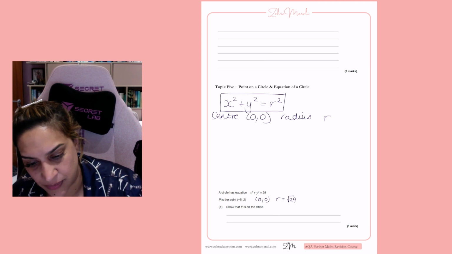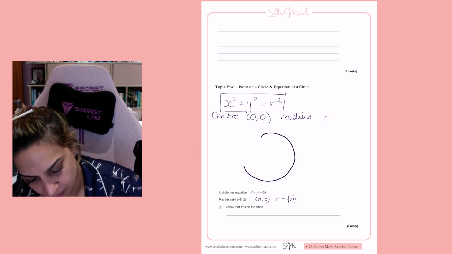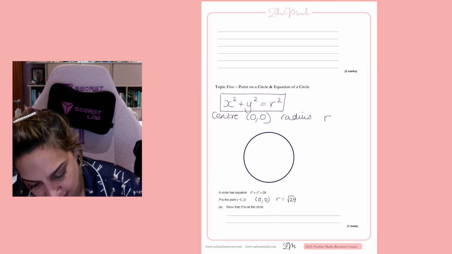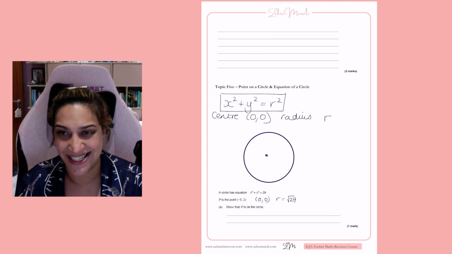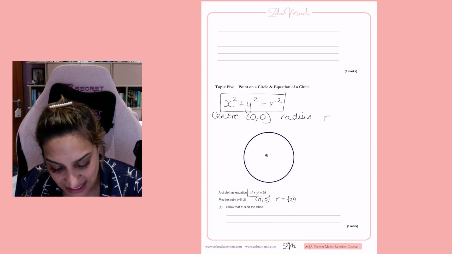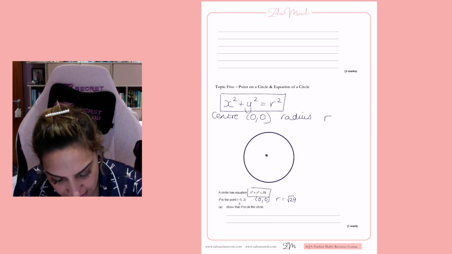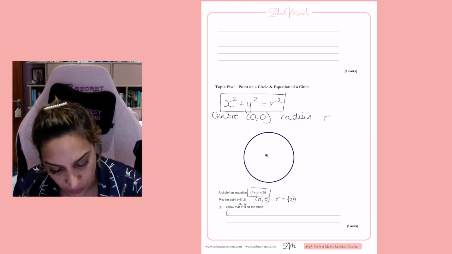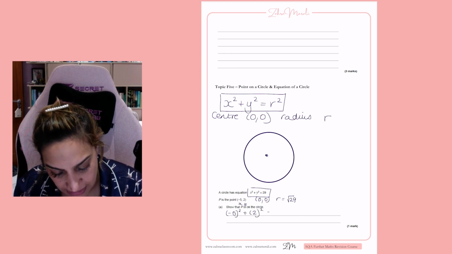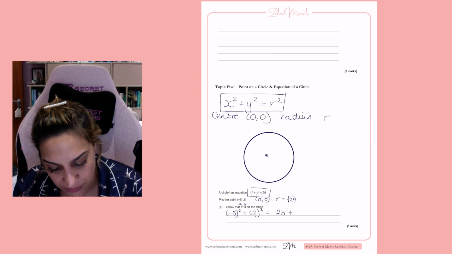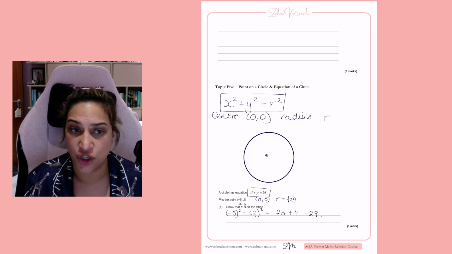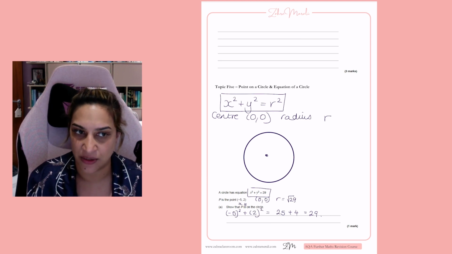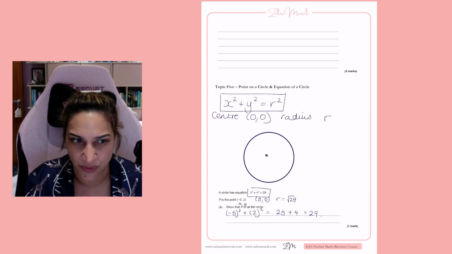So I have my circle, I have my center, and I know this coordinate here is somewhere on the circle, which means it satisfies this equation. This is the x, this is the y. So I've got minus 5 squared plus 2 squared gives me 25 plus 4, which equals 29. So therefore I have shown that it satisfies that equation. It really is that straightforward.